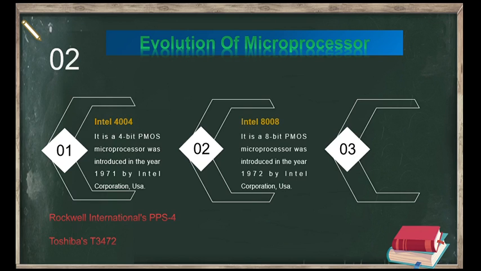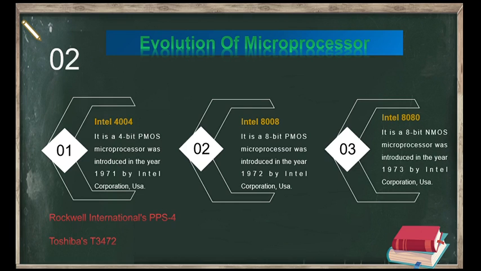In 1972, Intel introduced the first 8-bit microprocessor, that is Intel 8008, which also uses PMOS technology. The microprocessors using PMOS technology were slow and not compatible with TTL logic. In 1973, Intel introduced a more powerful and faster 8-bit NMOS processor, that is Intel 8080.